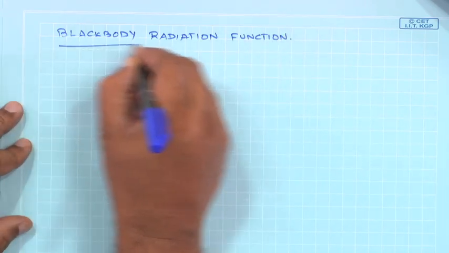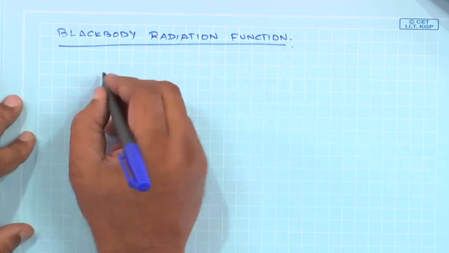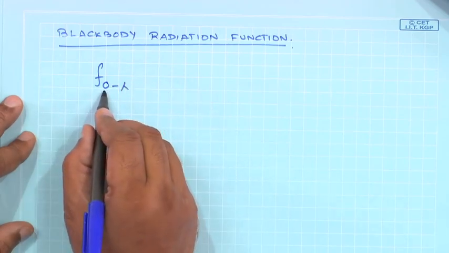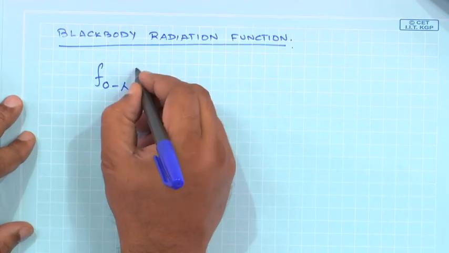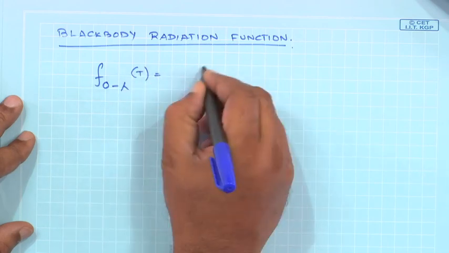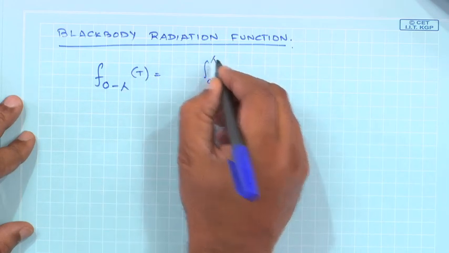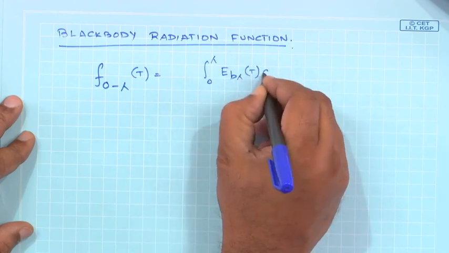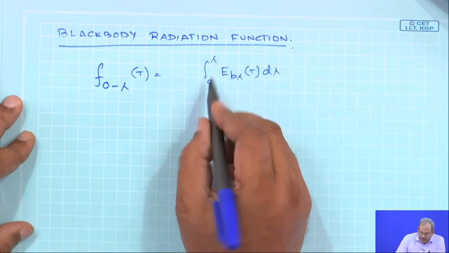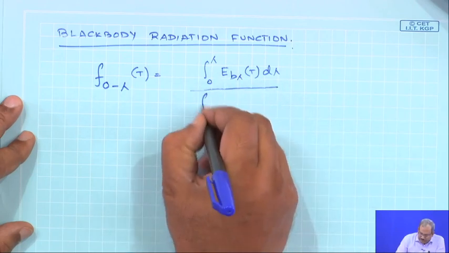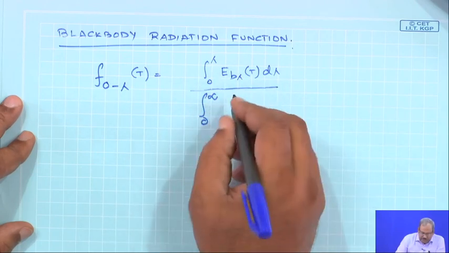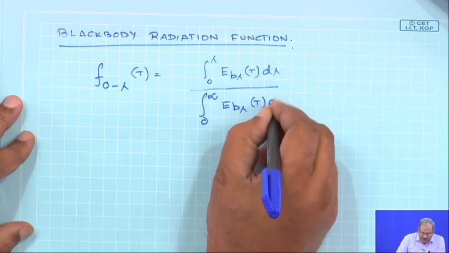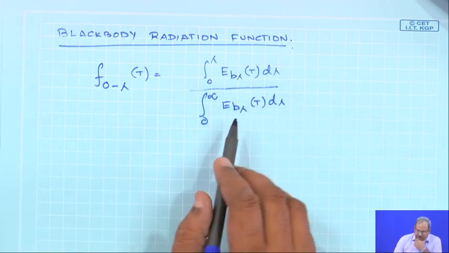So, the black body radiation function, as I have expressed to you, between wavelength 0 to lambda at a given temperature, is the amount of energy emitted by the black body between 0 to lambda divided by 0 to infinity. That means, the total energy emitted by the black body at that given temperature.